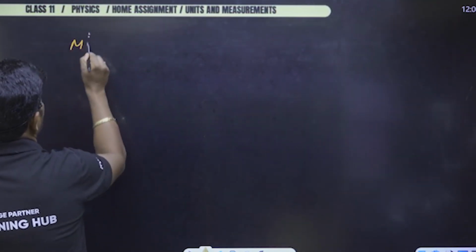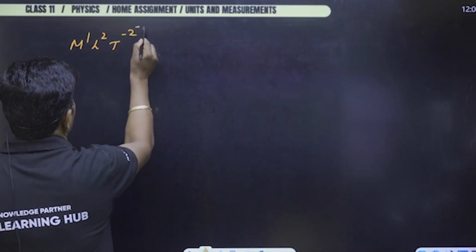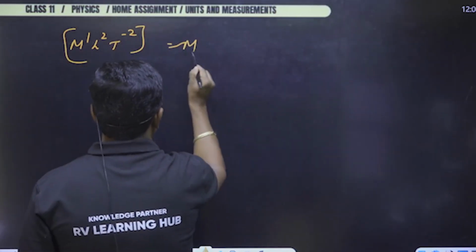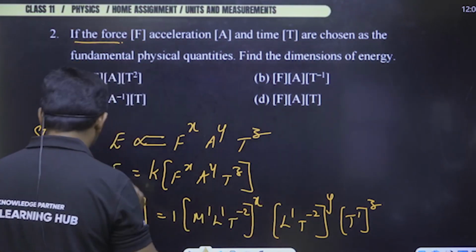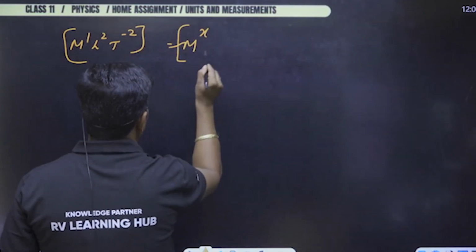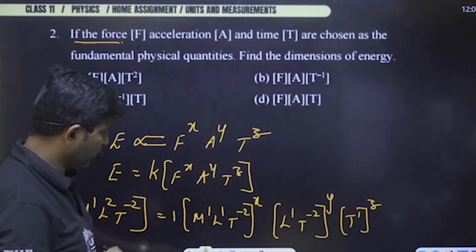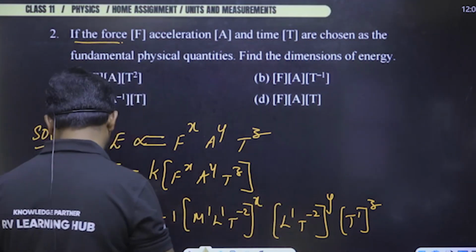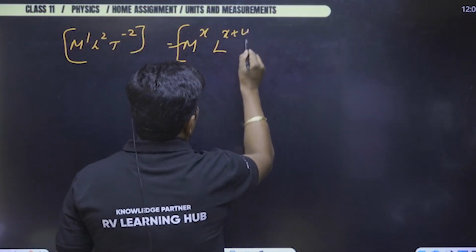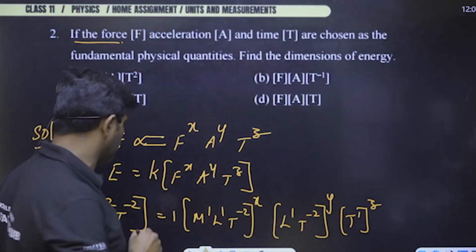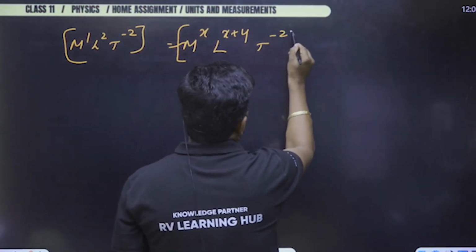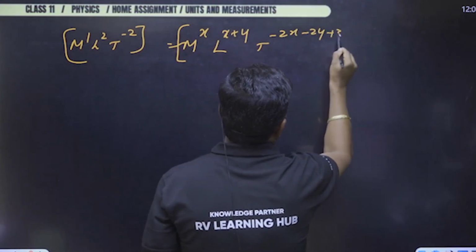Then we get M power 1 L power 2 T power minus 2 equals M to the power of x, L to the power of x plus y, and T to the power of minus 2x minus 2y plus z here. Is it right or not?